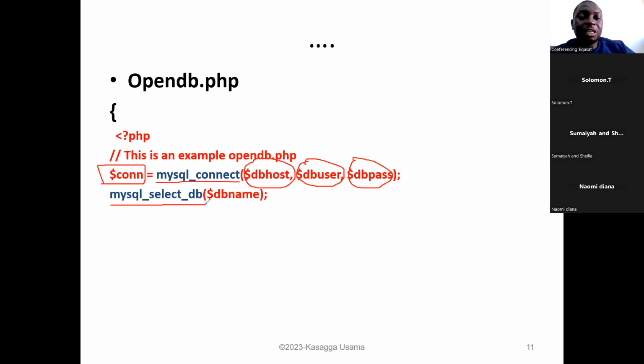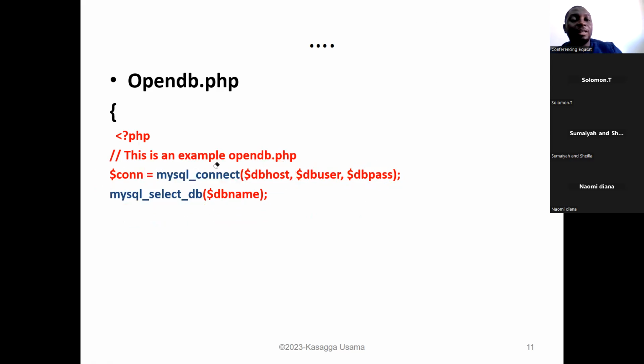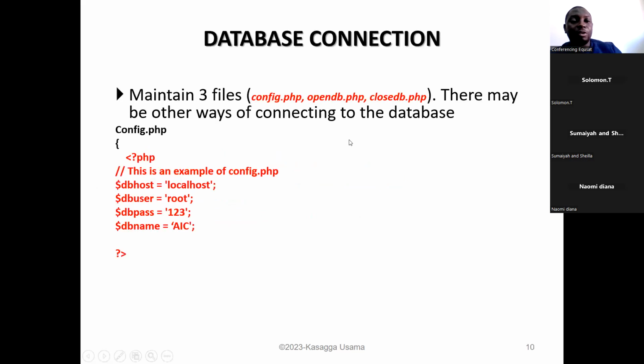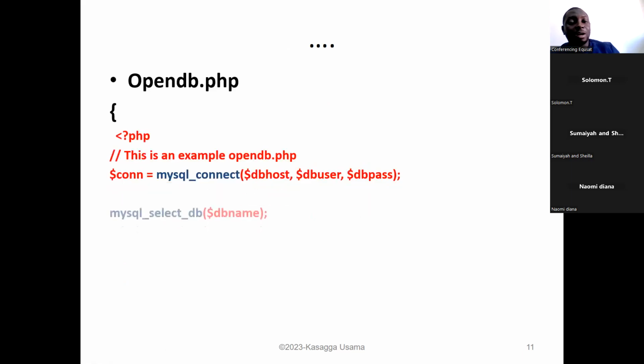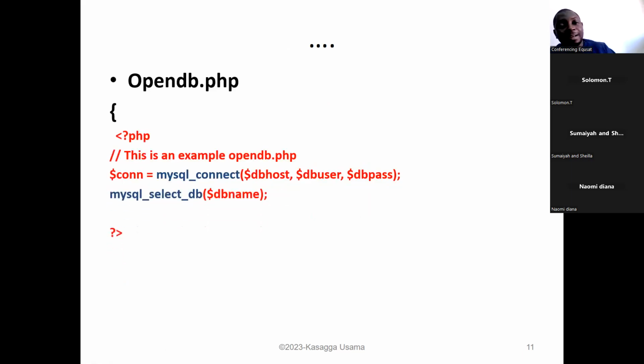If you remember very well, we declared them in the configuration, and now I'm just calling them here. That is what I'm simply doing. These are the ones that you see here. Now I'm creating another file called opening, and that file is calling them as you can see there. And then you are done.